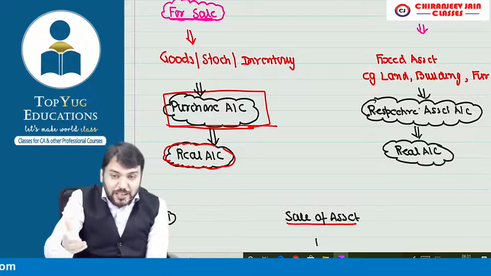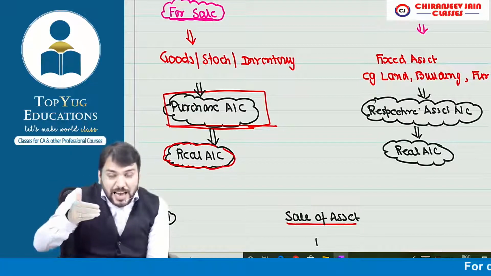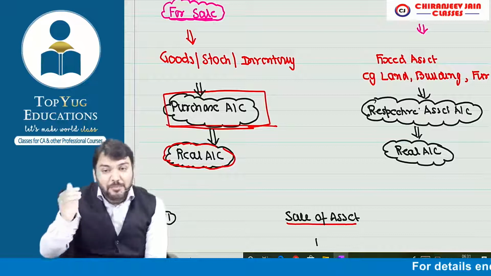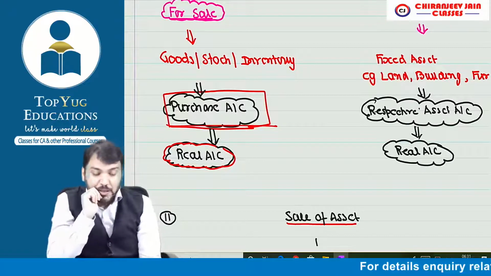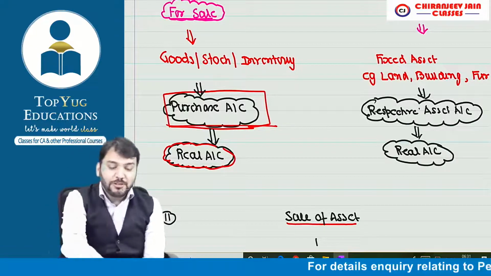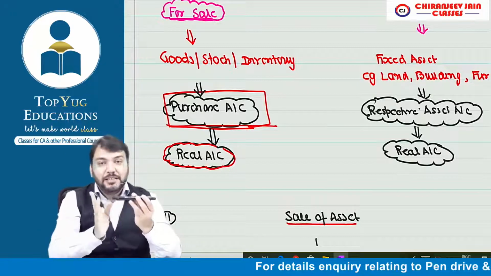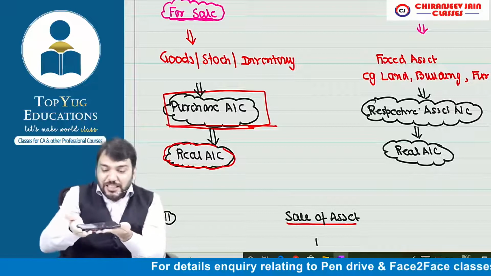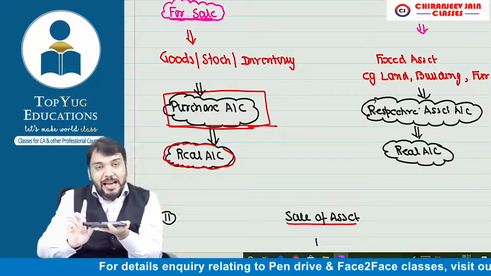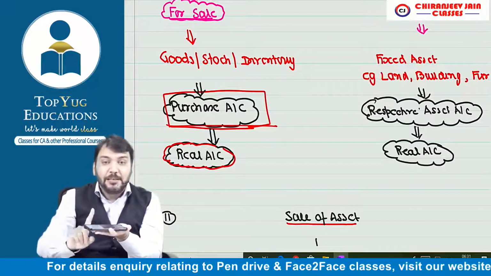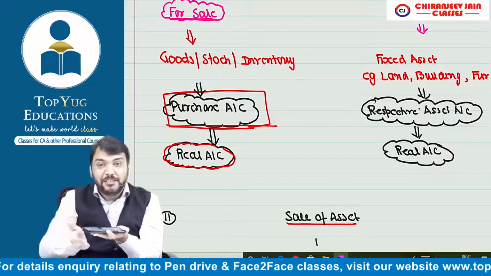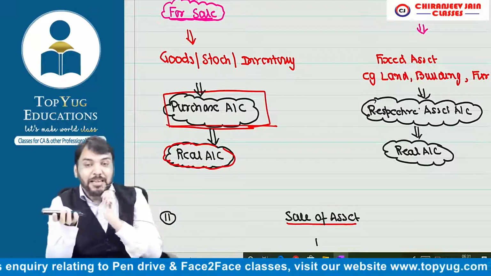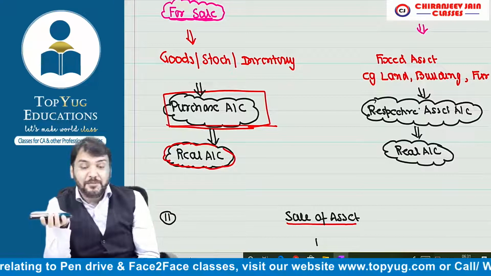When you purchase goods, a benefit will be derived. Suppose this is a mobile in which we are dealing. I am the trader of this mobile. I purchase goods, but the benefit will be derived when you sell it. So when you purchase, the benefit will be derived.